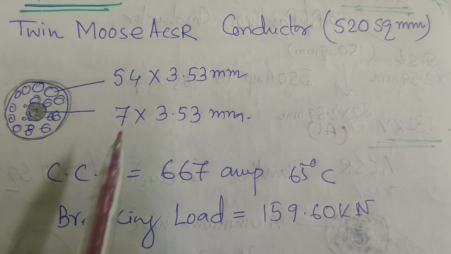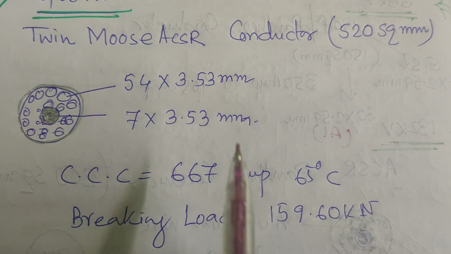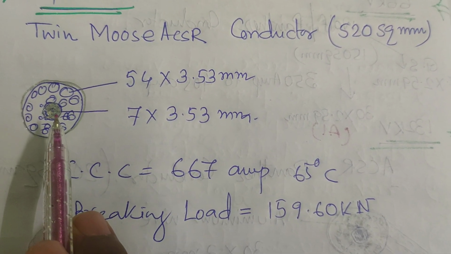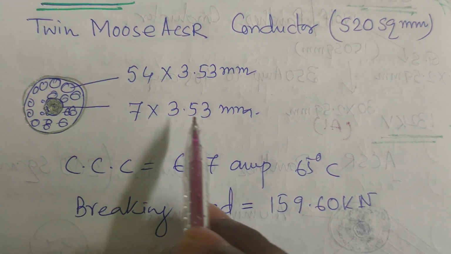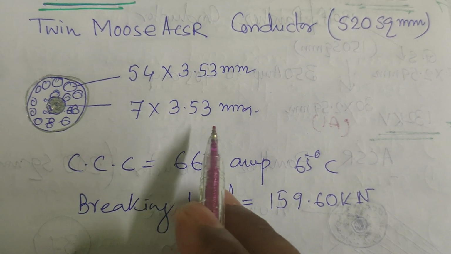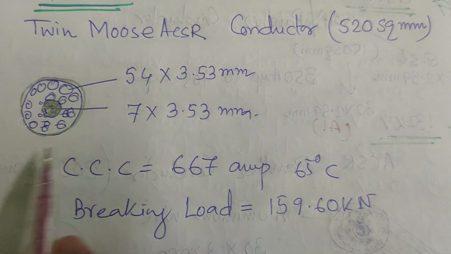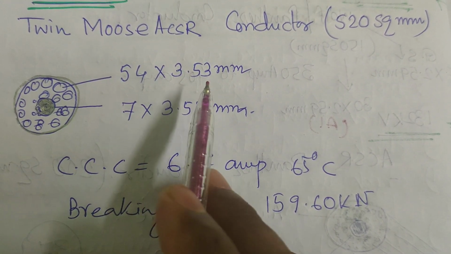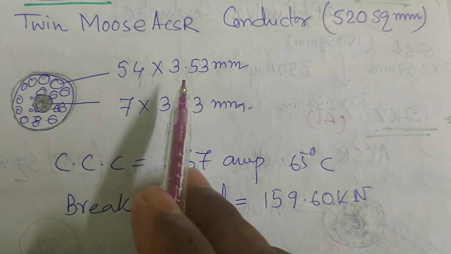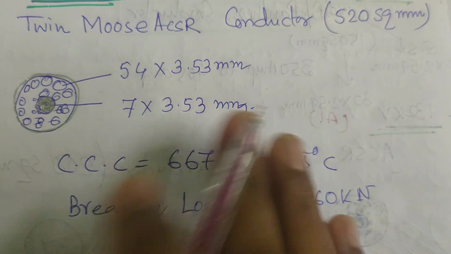Each steel wire has a diameter of 3.53 mm, and the aluminum diameter is also 3.53 mm.